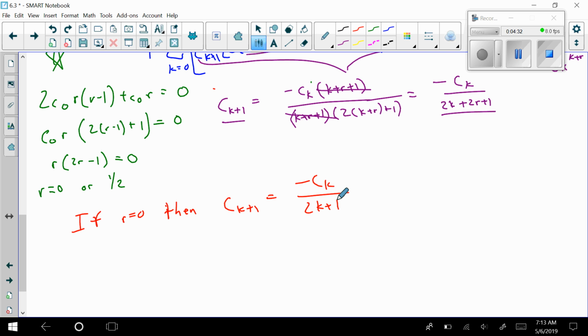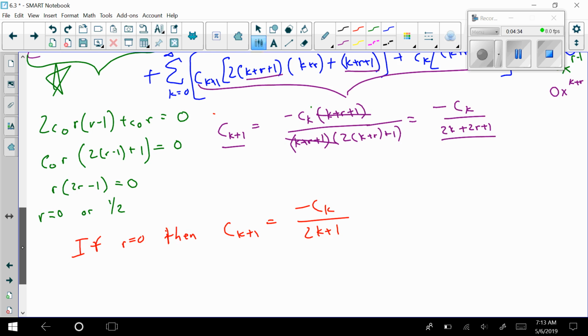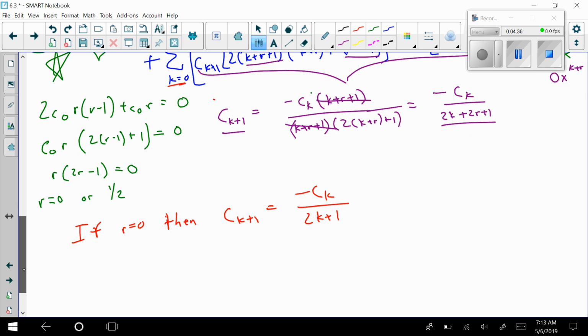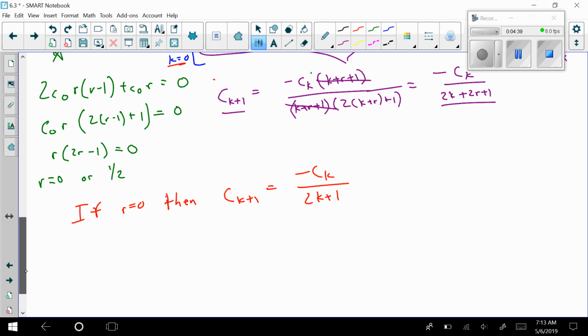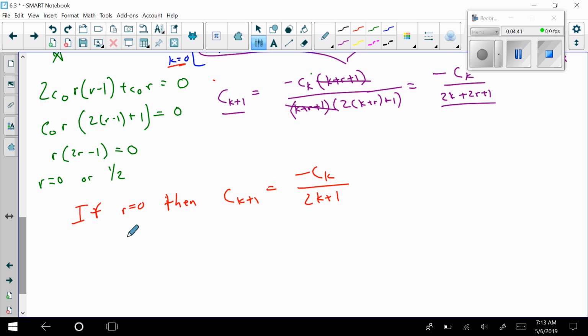Where does k start? k starts at 0. If k equals 0, then c sub 1 equals negative c sub 0 over 1, which is a negative c sub 0.